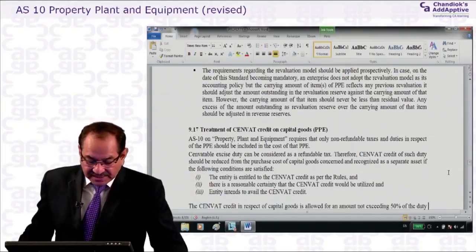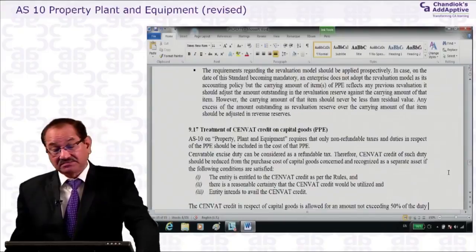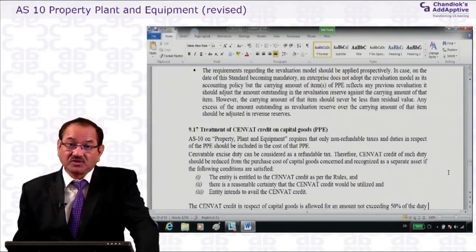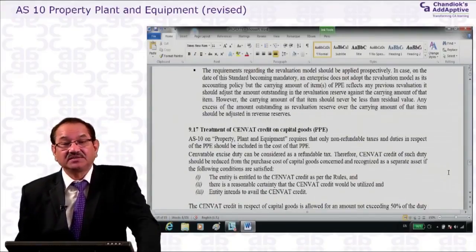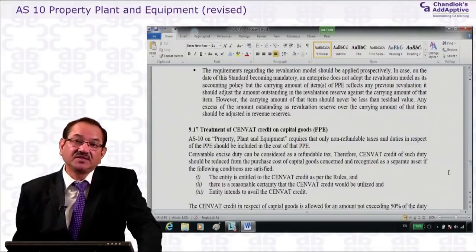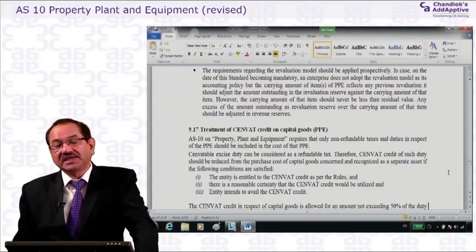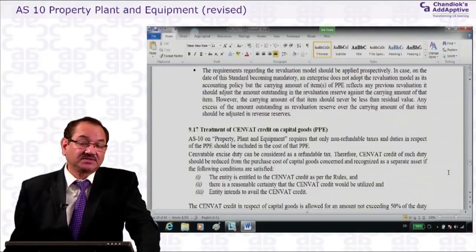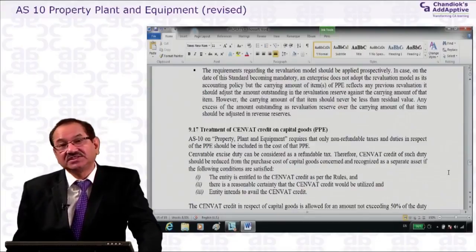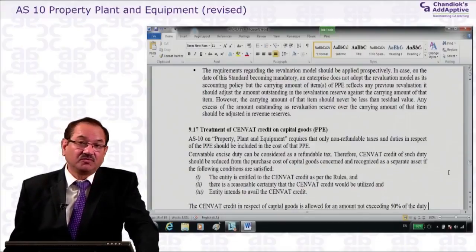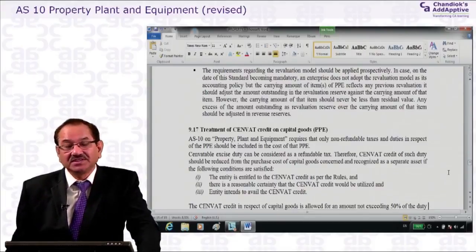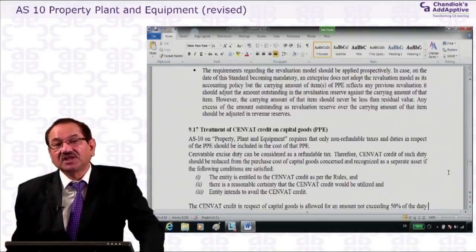The treatment of CENVAT is the same as what you have got in the PCC, but there is an extent as the new taxation system, the indirect tax system, GST, is coming with effect from 1/4/2017, and the whole thing, this standard will also change.